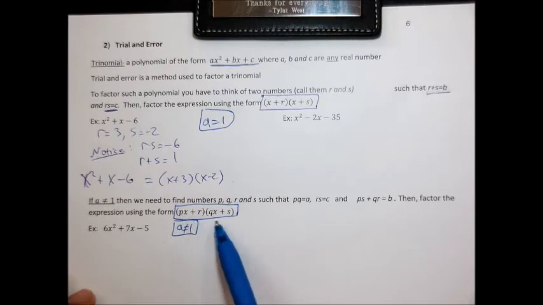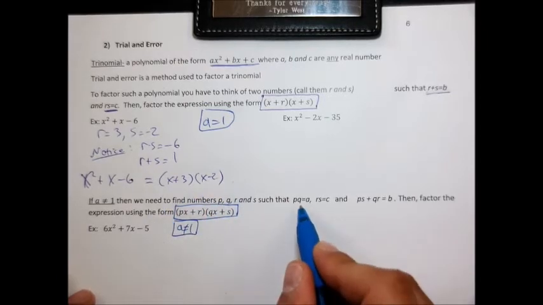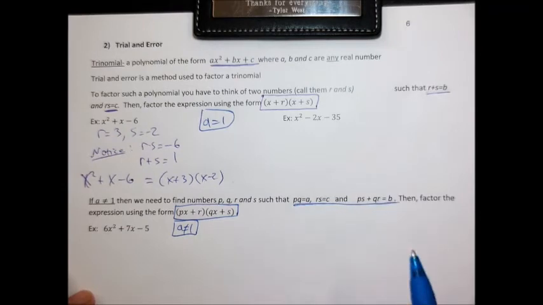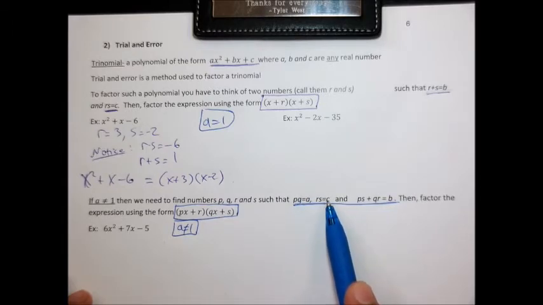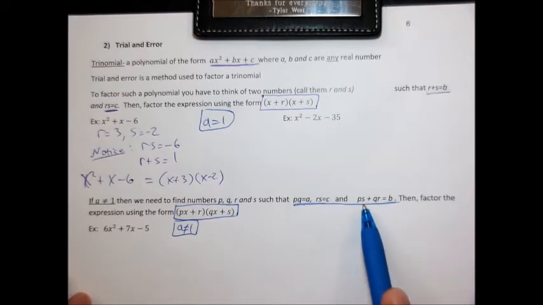When we multiply all that out, we need these things to be true. We need factors of A, P and Q, and factors of C, that I'm calling R and S, and we need P times S plus Q times R to equal the middle number.